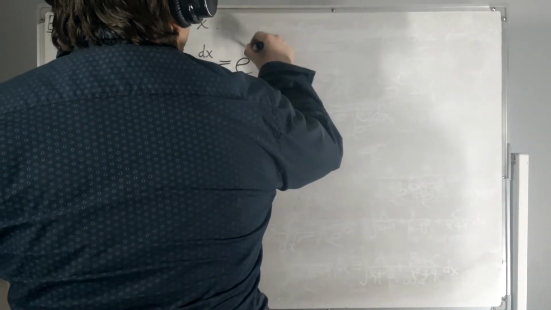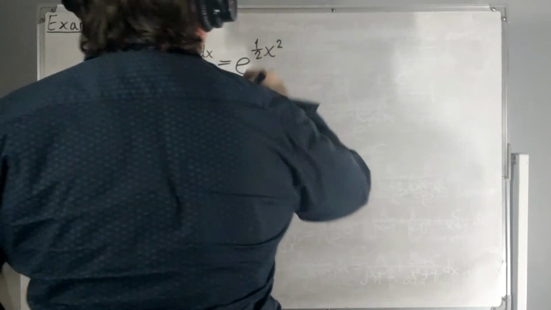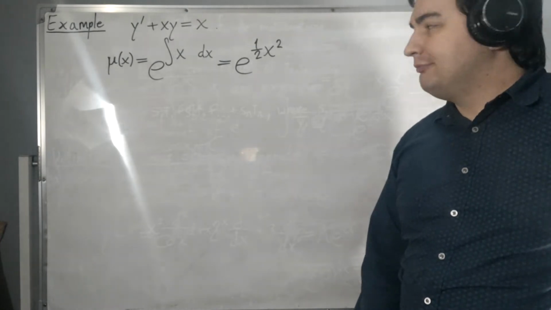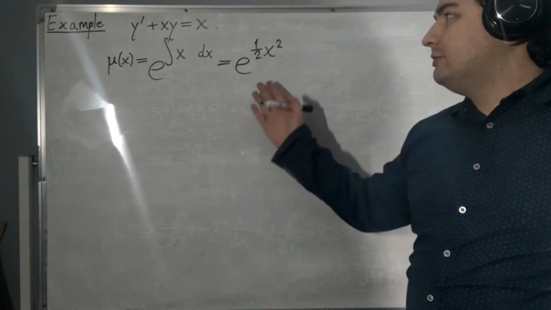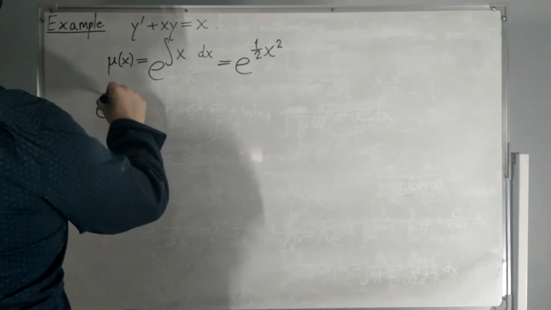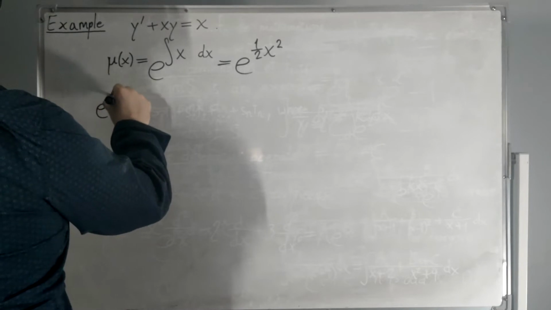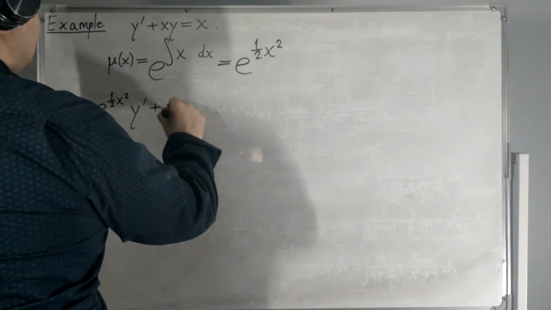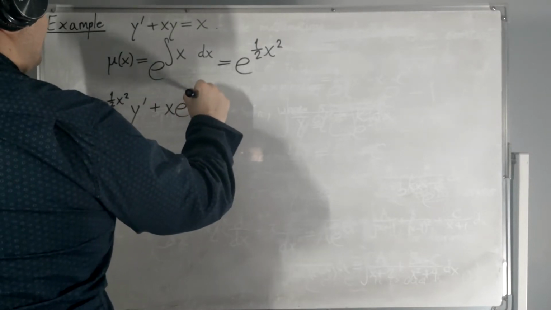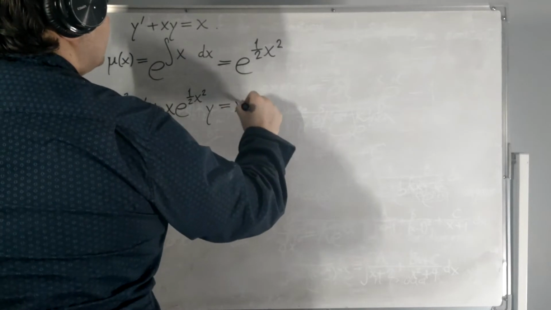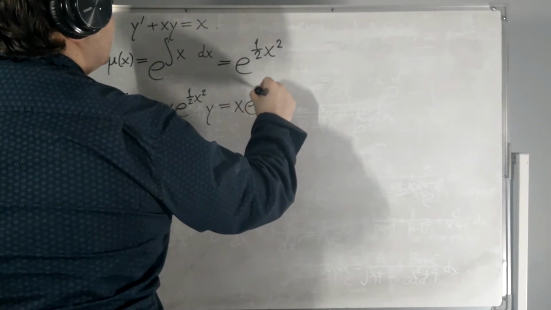So e to the 1/2 x squared. All right. Next up, we're going to multiply this by the entire standard form. So we're going to have e to the 1/2 x squared times y prime plus x e to the 1/2 x squared times y equals x e to the 1/2 x squared.